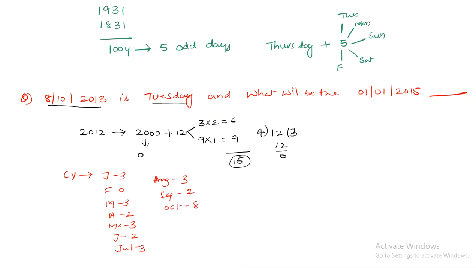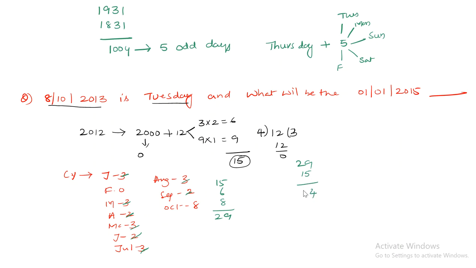So total, add these values. So 1, 2, 3, 4, 5, that is 15, and 1, 2, 3 is 6. Again plus this 8, so 8 plus 6 is 14, 14 plus 15 is 29. Now this 29 plus 15 is going to be 44.